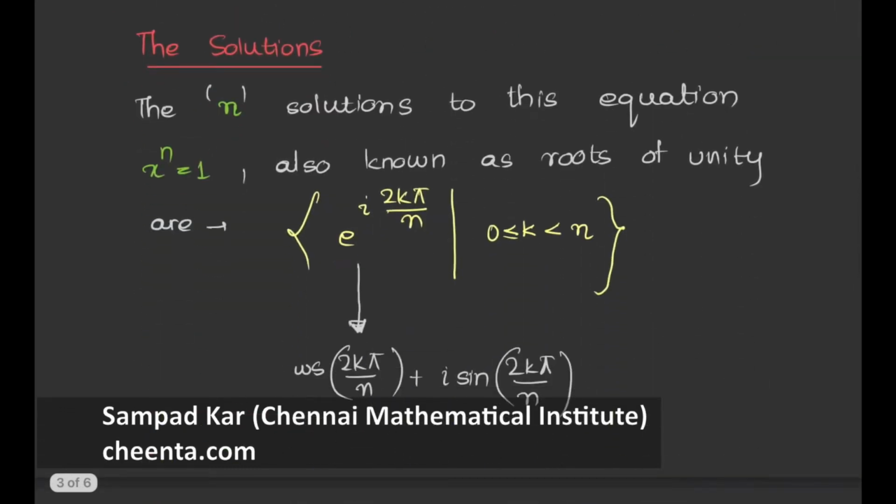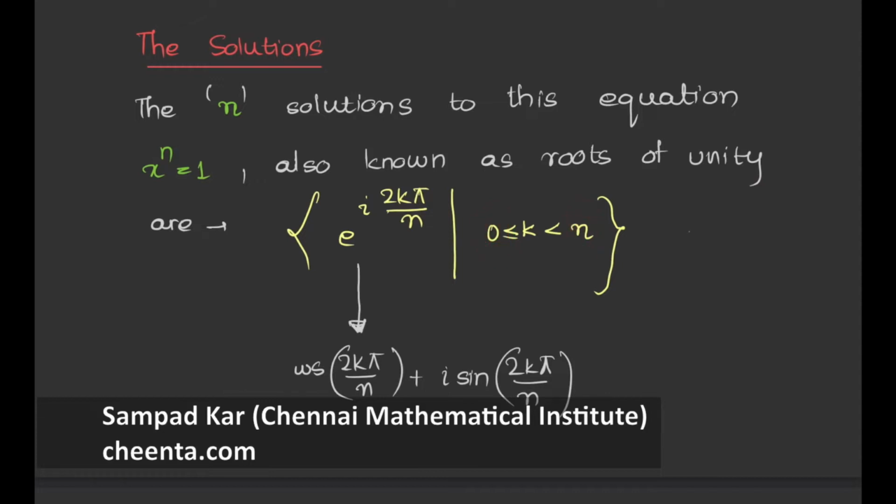The n solutions to this equation are also known as the roots of unity, and these are of the form e to the power i 2k pi upon n for every k greater than or equal to 0 and less than n.